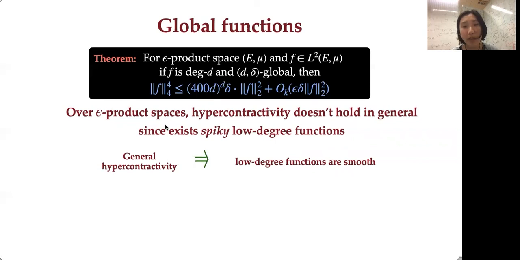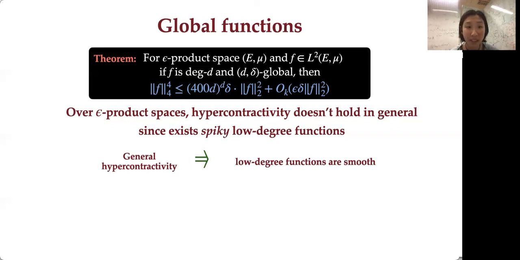Over epsilon product space, there actually exist low degree functions that are very spiky, unlike the case in the uniform Boolean hypercube. The reason is that in the uniform Boolean hypercube, if we consider a very large subcube, this occupies a good fraction of the hypercube, and therefore is not very spiky. It's a smooth function.